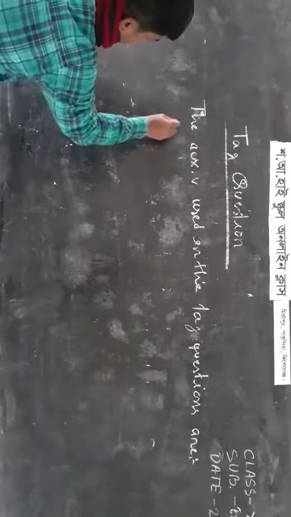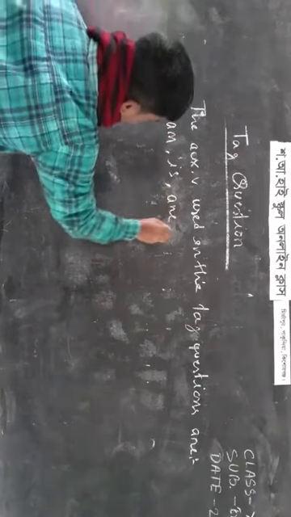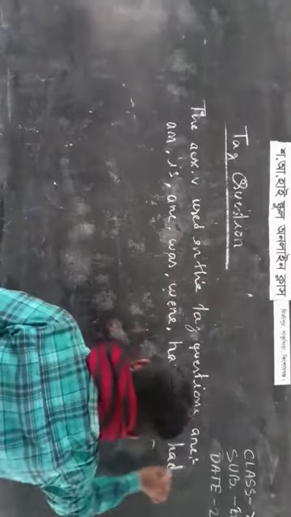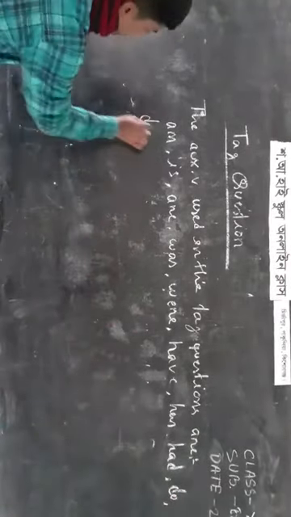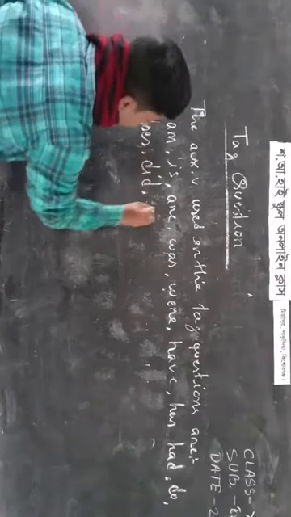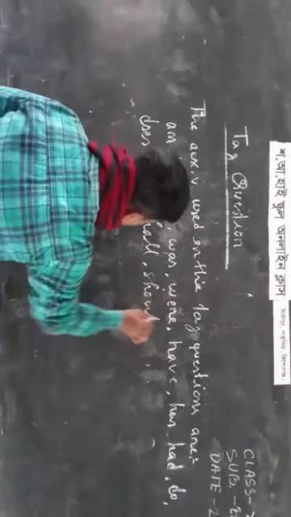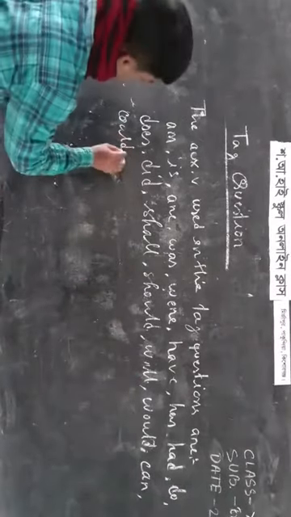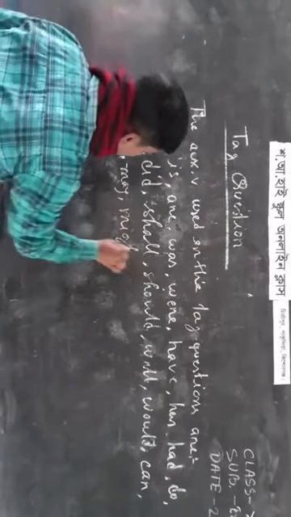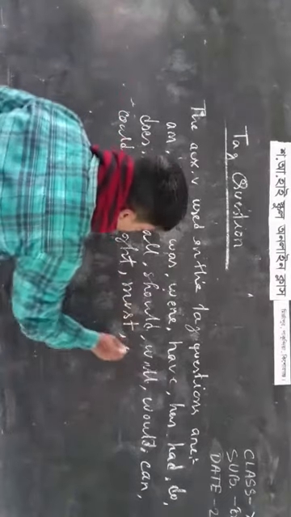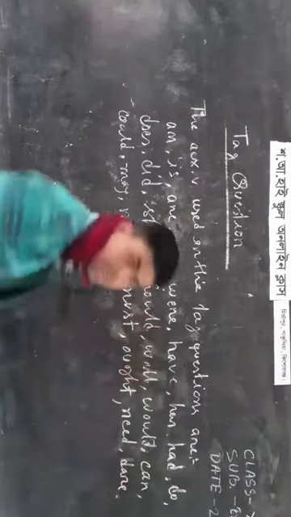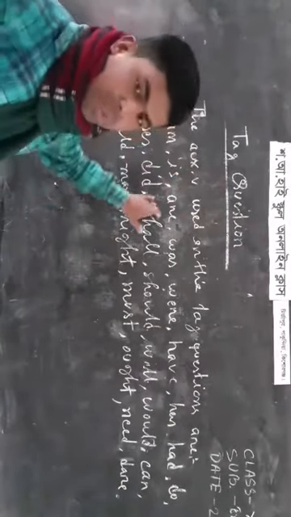The auxiliary verbs used in tag questions are: am, is, are, was, were, have, has, had, do, does, did, shall, should, will, would, can, could, may, might, must, need, there, etc. These auxiliary verbs are used in tag questions.